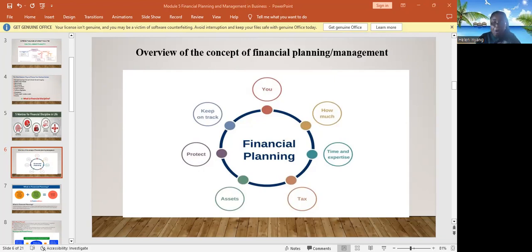Concept 4 is tax. Here, you need tax understanding: how your various assets are taxed. You must have that knowledge, that understanding, and know whether this could be better organized to reduce the tax you pay.